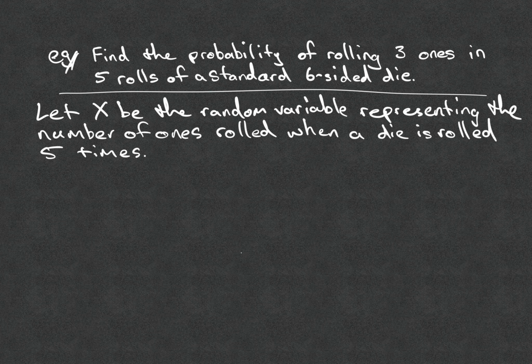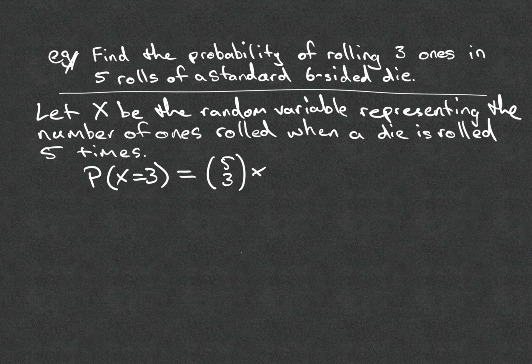Okay, noting that we've checked it's a binomial situation, then we can go ahead and use our formula. So we can say that the probability that that X variable is equal to 3, in other words the probability of rolling 3 ones in 5 rolls of a standard 6-sided die, is going to be given by 5 choose 3, so n equals 5 and m is equal to 3.